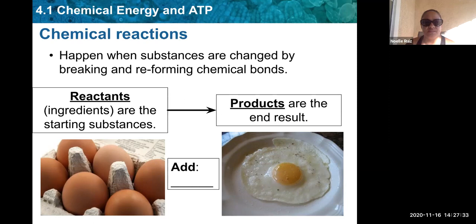Like I said, it's not always heat. But you can put heat there, you can put oxygen, you can just put something. You always have to add something. Those are two of your vocabulary words this week. Reactants are the ingredients or the starting substances, and then products are the end result.